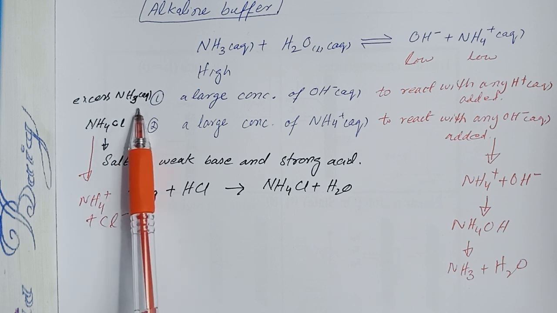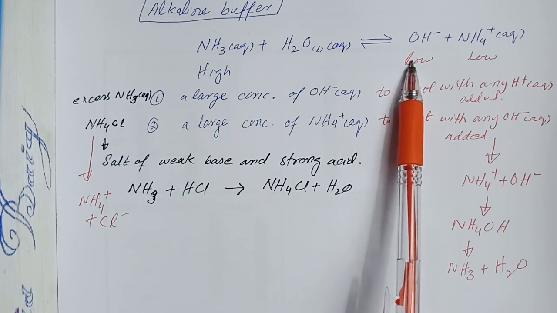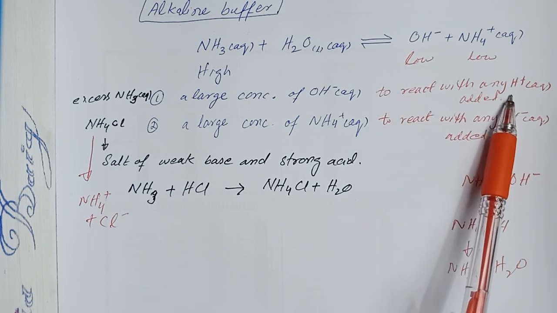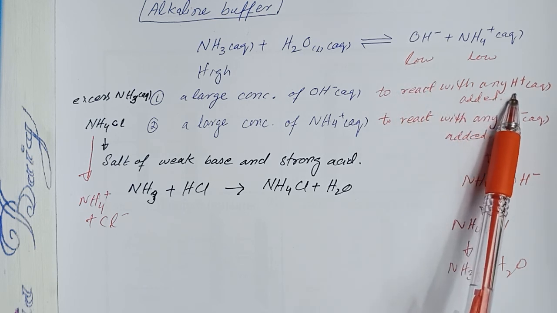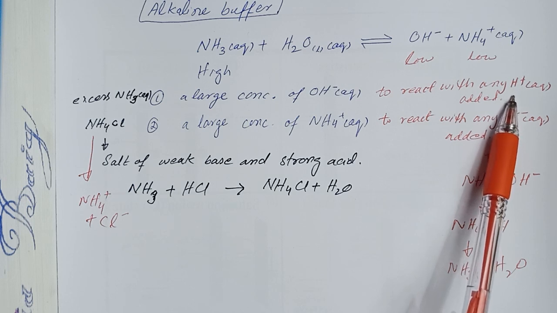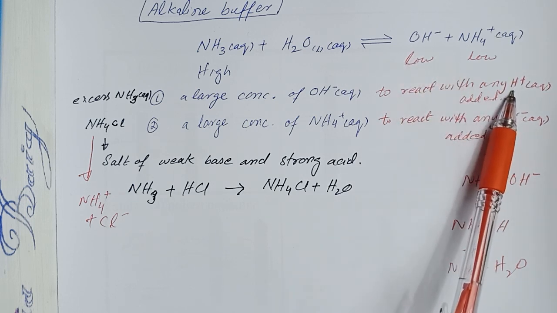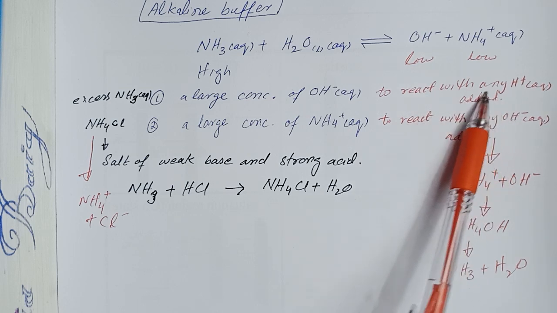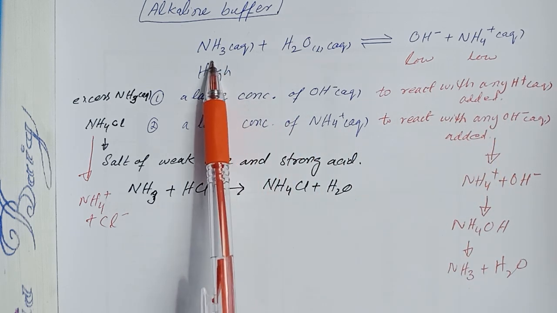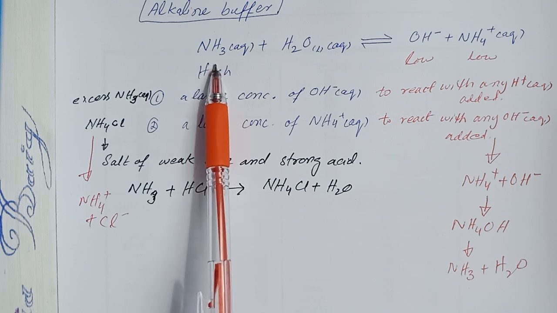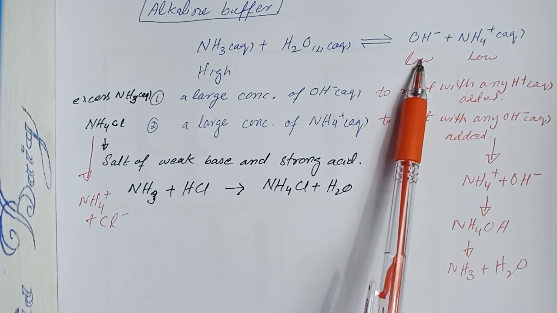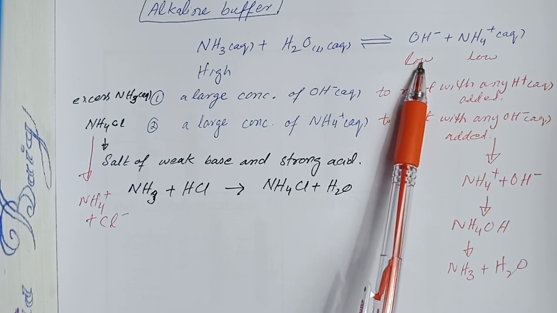So this ammonia can be dissociated to generate hydroxyl ion. So these hydroxyl ions can react with hydrogen ion of the added acid. So they generate the water, and the new upcoming hydrogen ions can be neutralized by the dissociation of ammonia that is available in excess to provide the excess of hydroxyl ions.